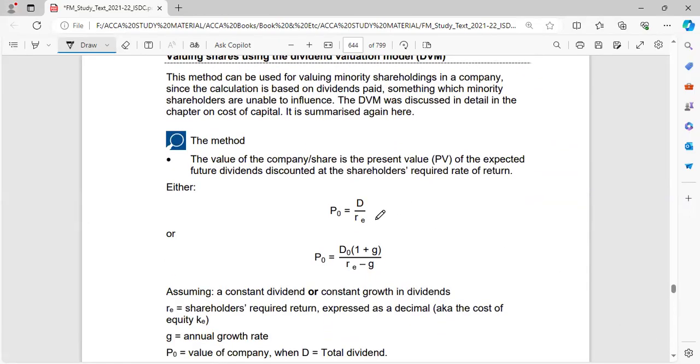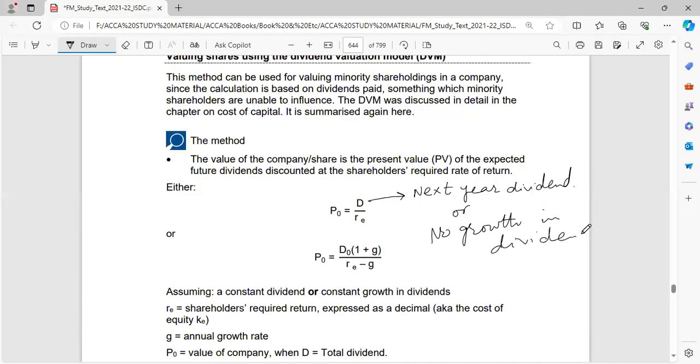Next one is the cash flow approach. Cash flow approach is alternatively called what? Dividend approach, where P0, the recent price, is equal to D. If I am using simply D, it is called next year dividend, or I can say no growth in dividend, or the value of the dividend in perpetuity.